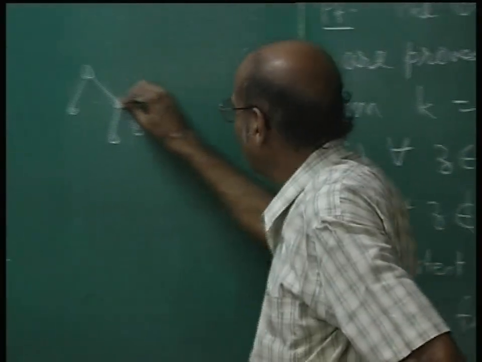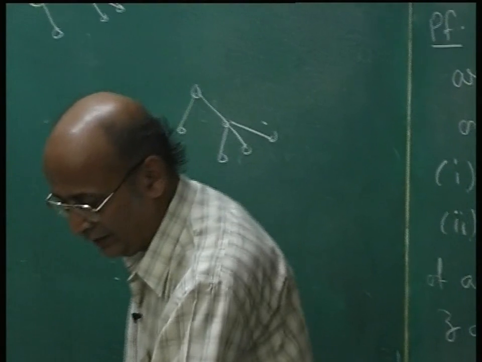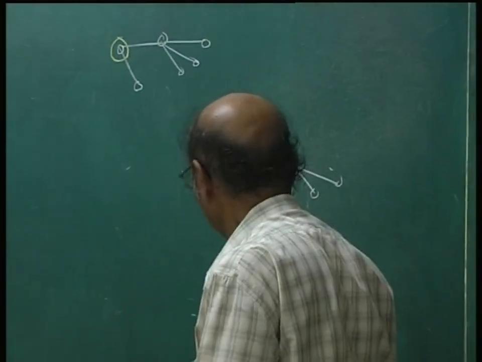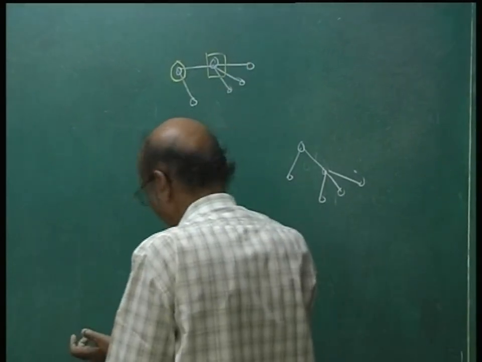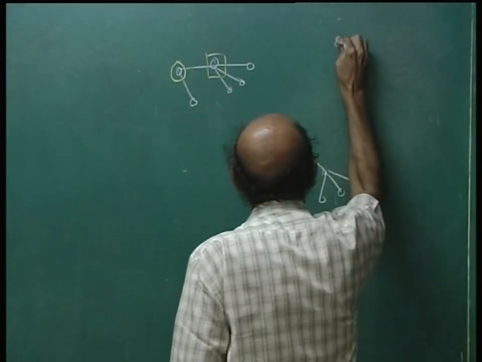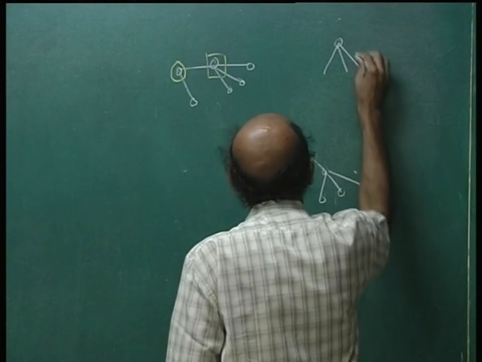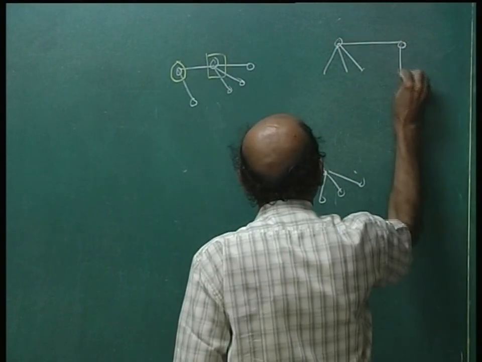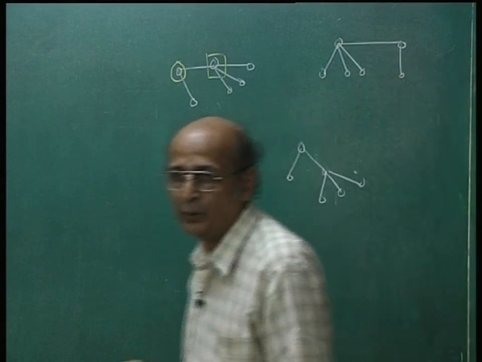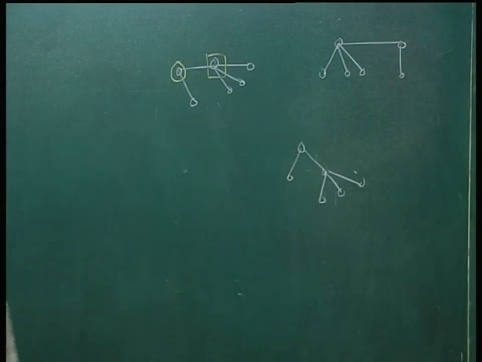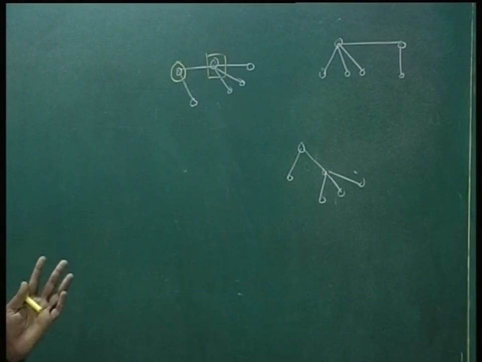The point I'm making is the same tree could have been rooted at a different vertex. If you root the same tree at this vertex, it is the same tree, but it looks something like this. So the same tree could be rooted in different ways.